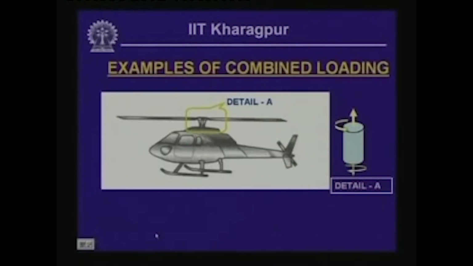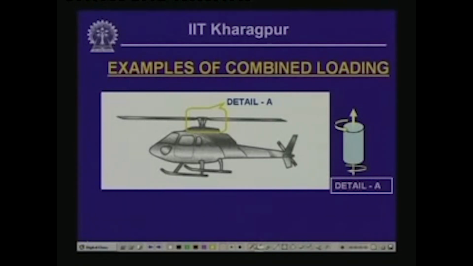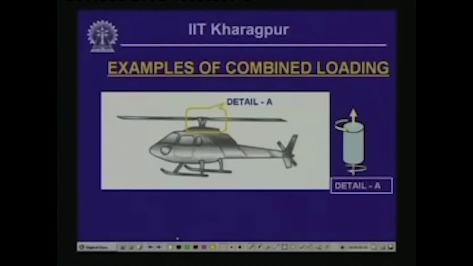Now let us look into the situations in which a member is subjected to combined actions of loading. Say this is an example where the helicopter blades are connected to this rotor.